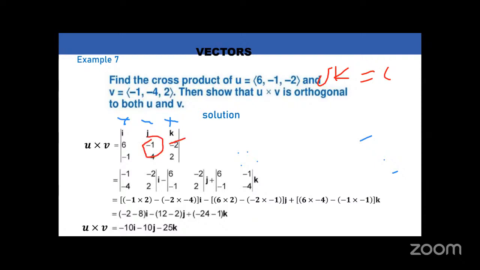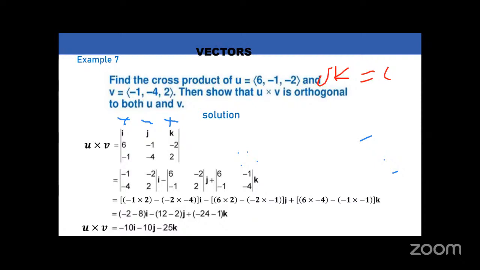So I'll multiply diagonally this way and this way to find the difference between them to give me an I.